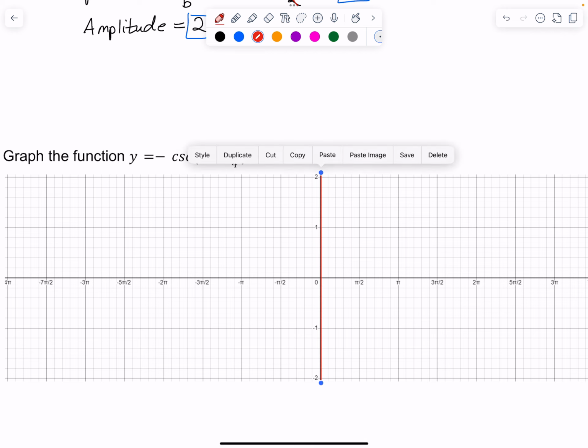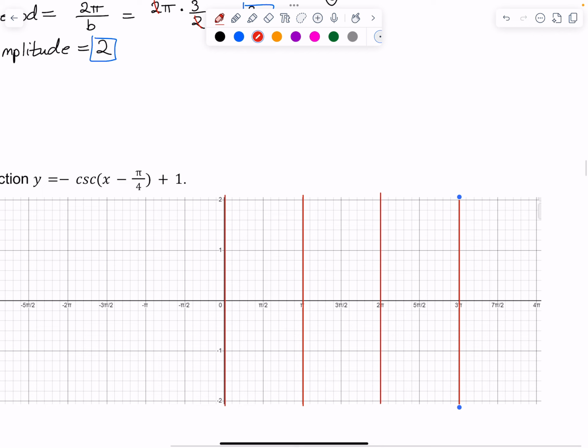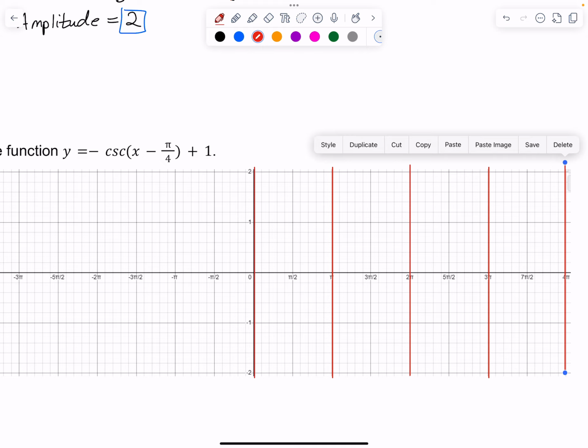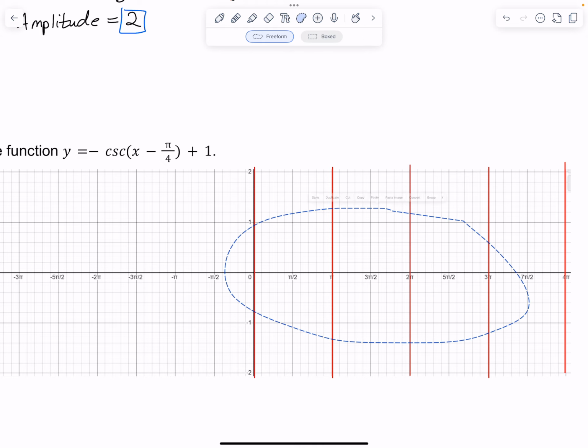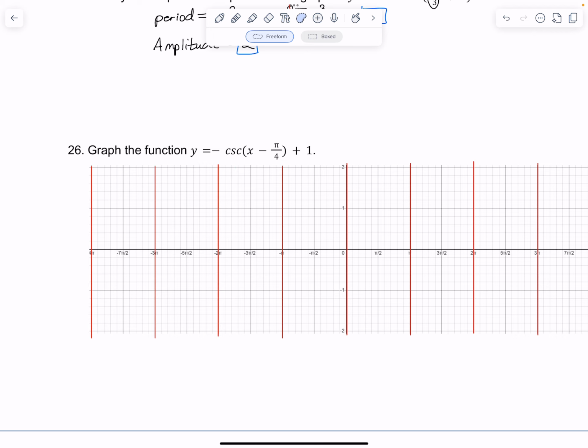It's also got an asymptote at pi, at 2 pi, then again at 3 pi, and 4 pi. And then it's the exact same thing in the other direction. It's got all these asymptotes at negative pi, negative 2 pi, negative 3 pi, negative 4 pi.